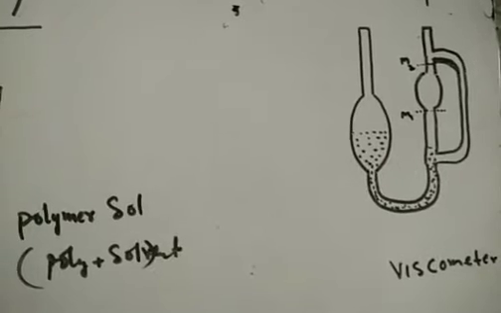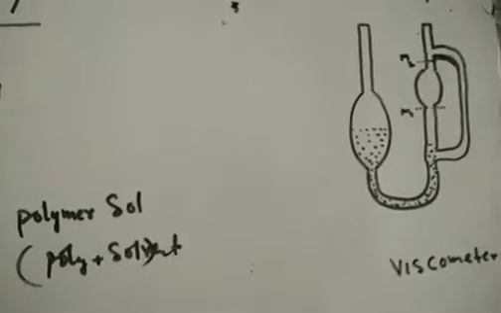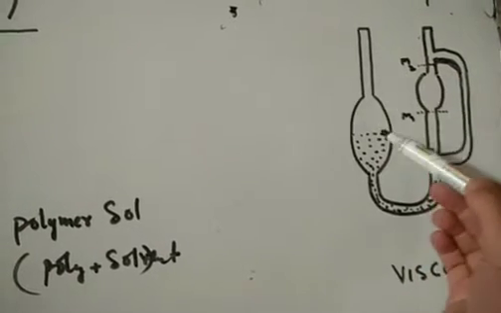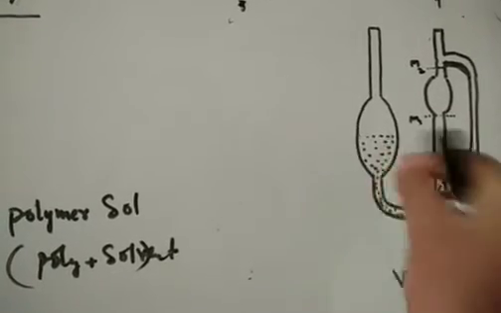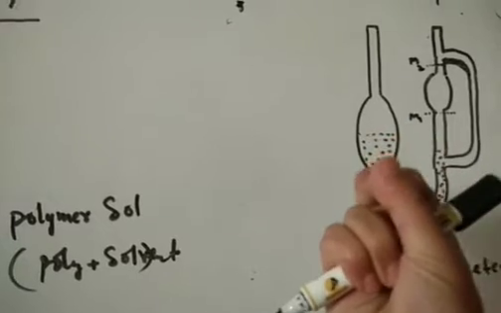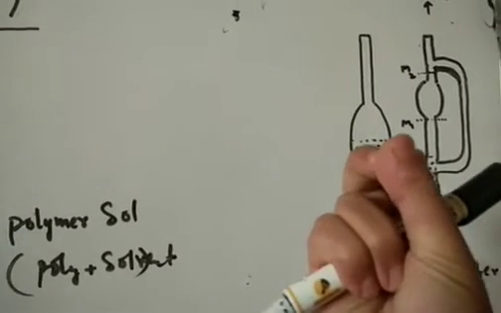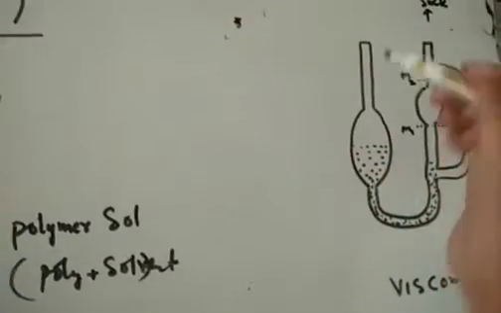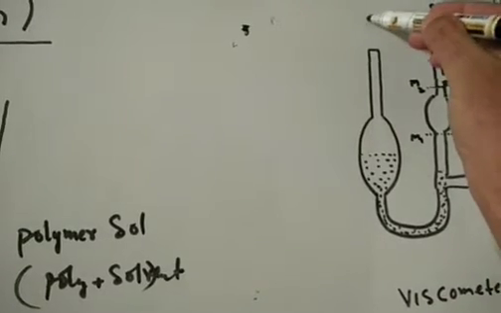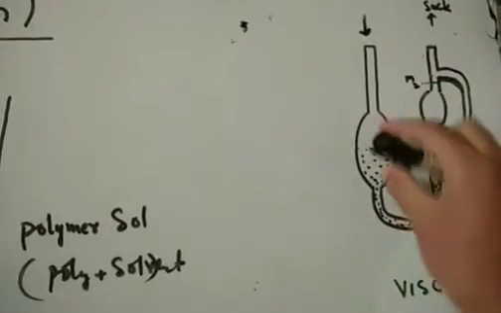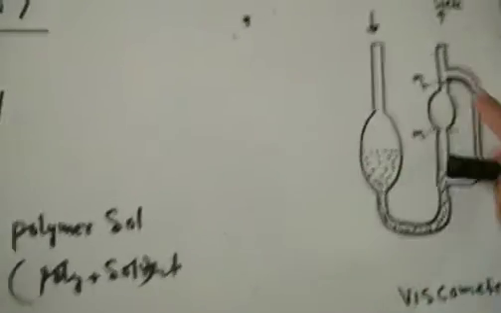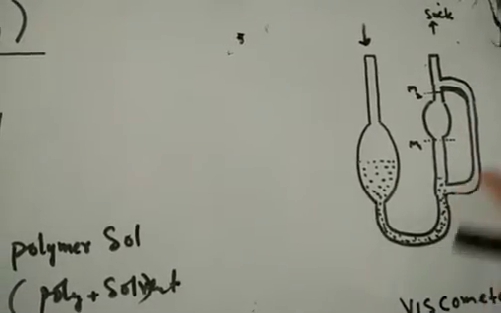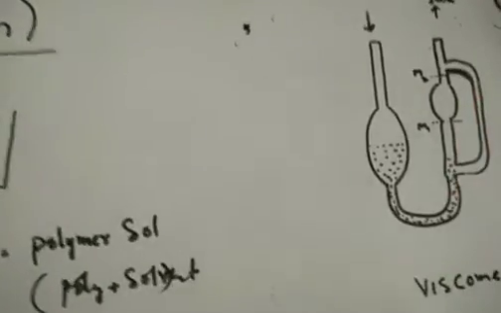So this is a typical viscometer. इसमें दो arms होते हैं. This is one arm, this is another arm. जिस liquid का या जिस polymer solution का हमें molecular weight निकालना हो, we are basically adding it through this arm. तो इसमें दो bulbs होते हैं, bulb 1 and bulb 2 here. And then there's this arm also outside to maintain the pressure. Simple. ज़्यादा मैं यहाँ discuss नहीं करूँगा इसका.